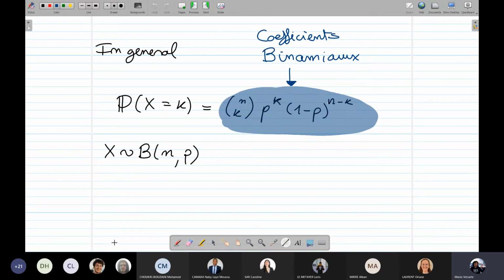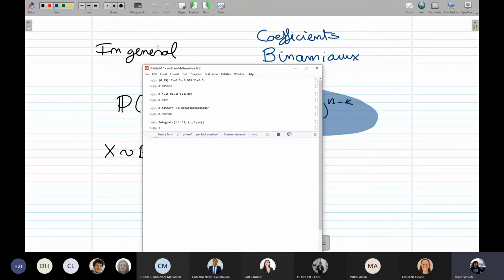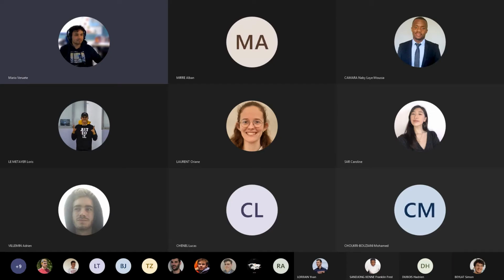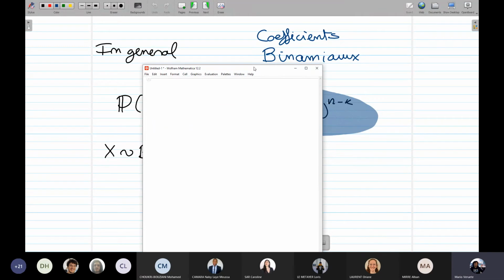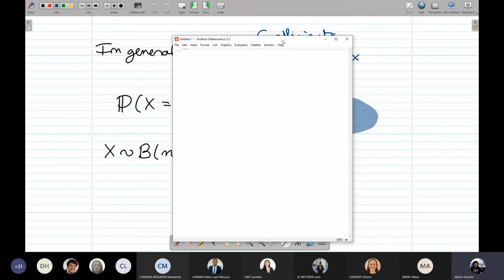We can also, let me show you something here in my computer. Show the screen number 1. Do you see this white part?